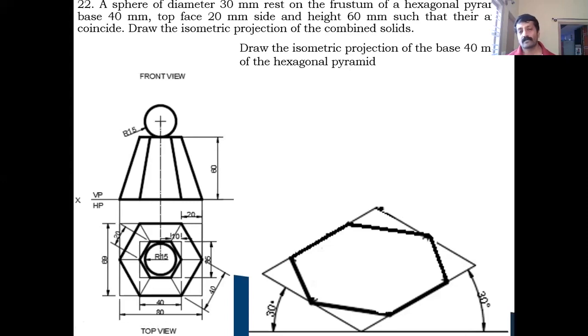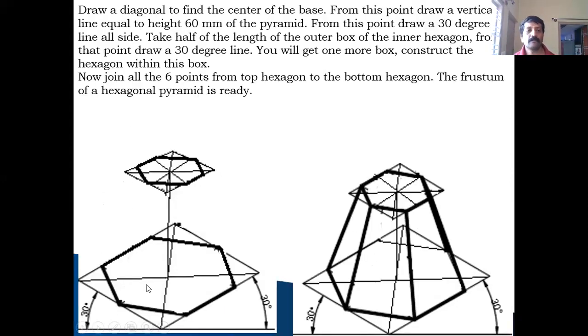Similarly, I have to construct the same hexagon at the top face also to complete this frustum of a hexagon pyramid. So how to do it? Let me draw a diagonal for the outer box to get the center. I have drawn the diagonal here, so this is the center.